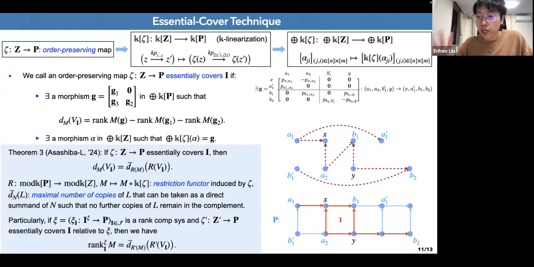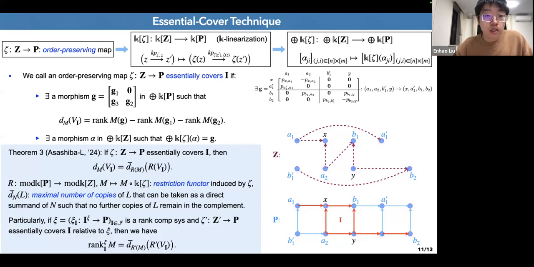Now we can construct this special zigzag poset Z. By verifying these two conditions, we can easily see that this order preserving map Z to P essentially covers I. Then it means that computing the interval multiplicity over P is equivalent to doing the similar thing, computing the interval multiplicity over Z.